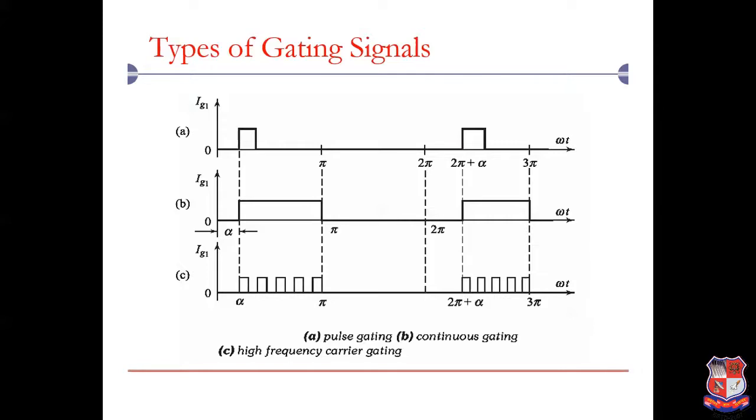If we are using a resistive load, then the first single pulse is sufficient to turn on the thyristors. But if we are going to use inductive load, RL load, then a continuous pulse or pulse train must be applied to keep the thyristors turned on.